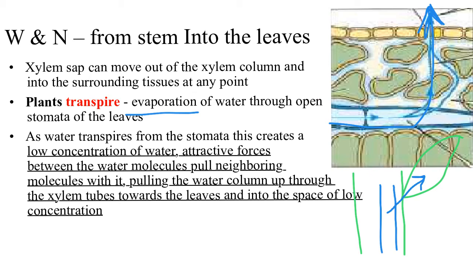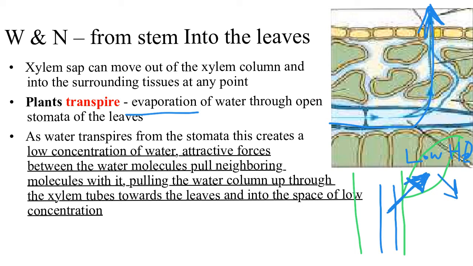And so this whole process is driven by this transpiration, because what happens is we have water leaving the leaves, and this causes a low concentration of water. So low water. And whenever there's low water, you're going to be having water running to fill that sort of low concentration of water.